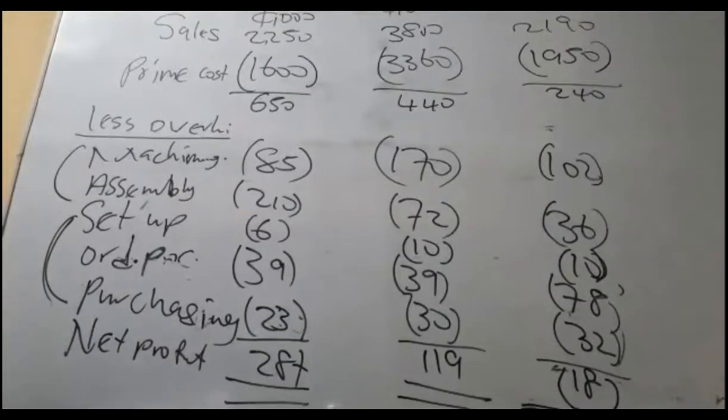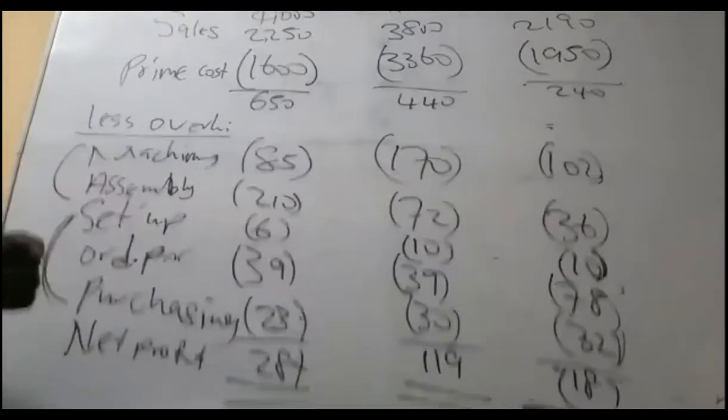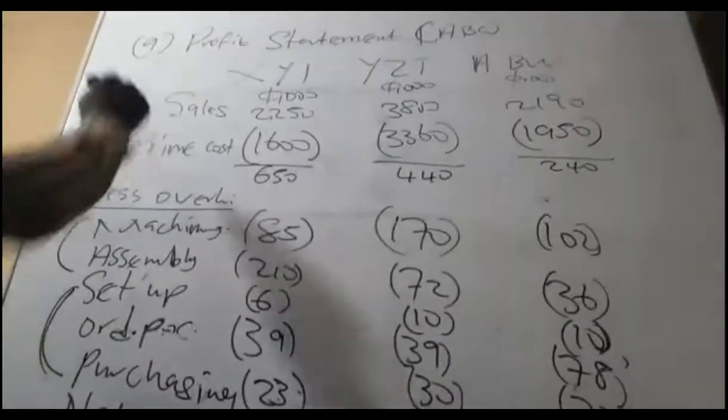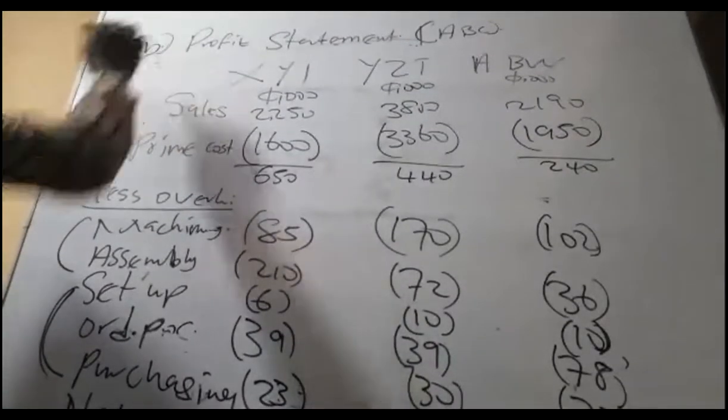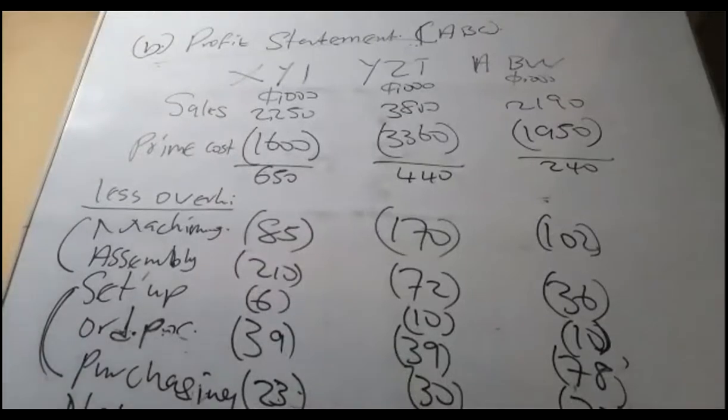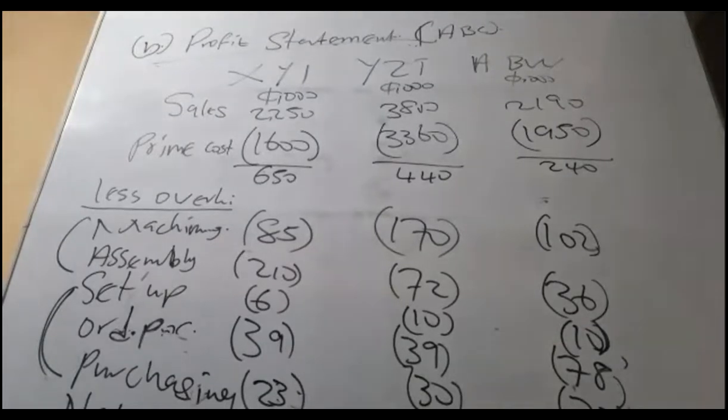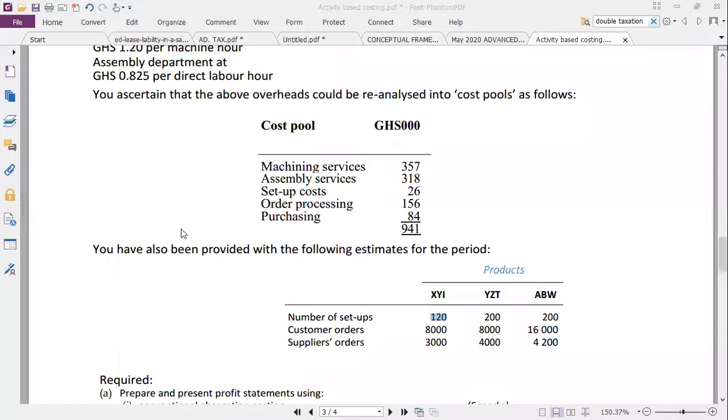That is what we're supposed to do first. This is the B. We are now going to look at the A. Good. Okay, so let's go to the question and look at the traditional cost system. That will not be difficult.